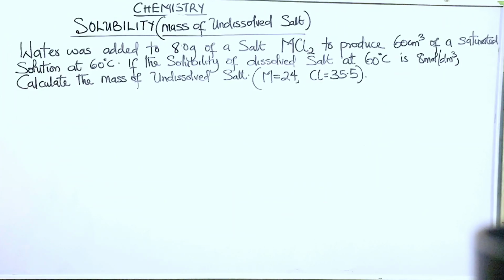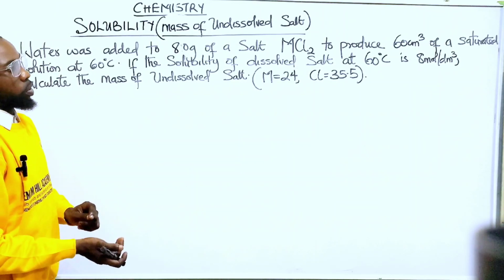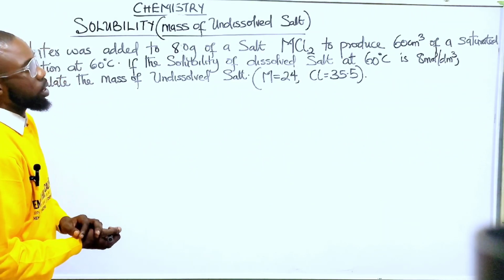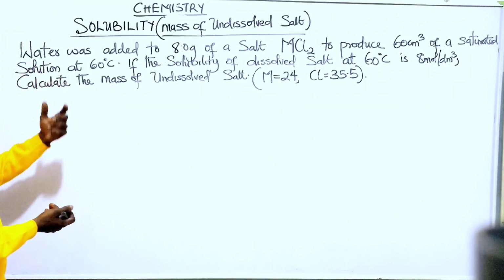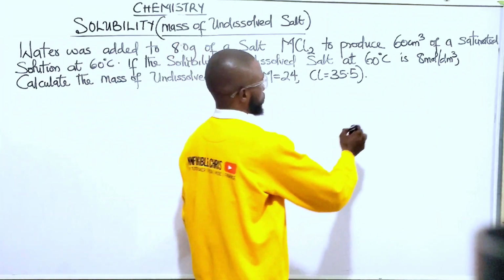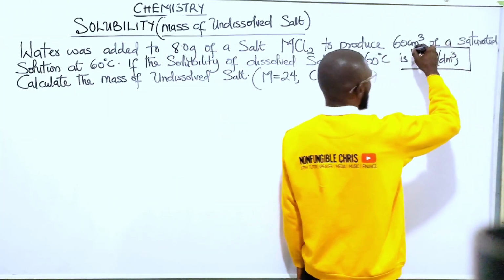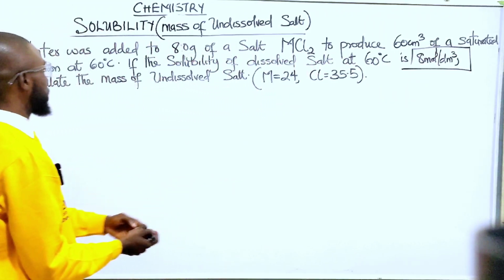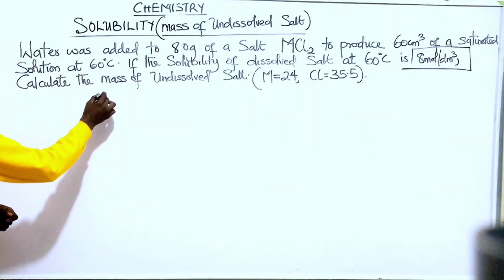It said water was added to 80 grams of a salt MCl2 to produce 60 cm³ of a saturated solution at 60 degrees Celsius. If the solubility of the dissolved salt at 60 degrees Celsius is 8 mole per dm³, calculate the mass of undissolved salt.